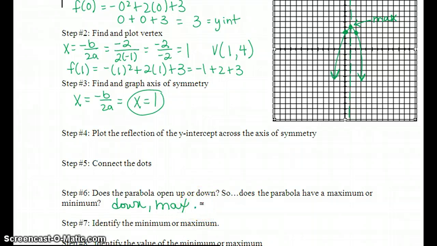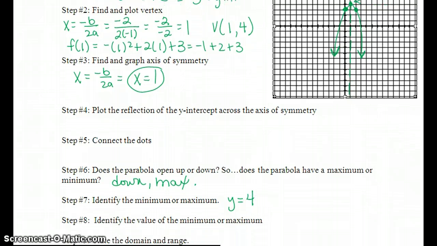And what we said earlier is the maximum or minimum value is the y value of the vertex. My y value of the vertex is 4. So my maximum value is y equals 4. Oh, sorry, I got ahead of myself. This is the answer to step 8. Maximum is the answer to step 7.